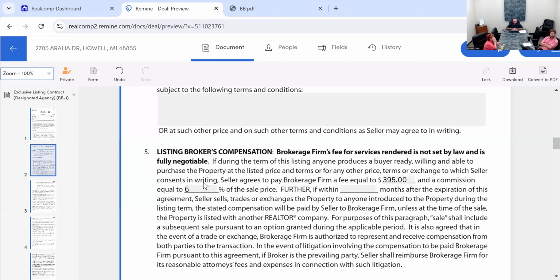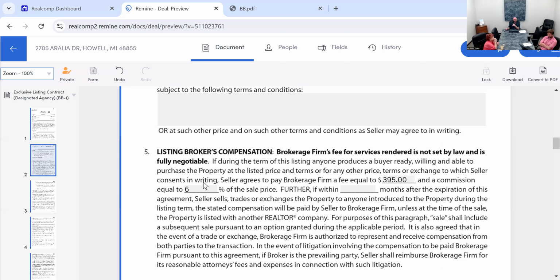What I would rephrase it as is: these are the services I provide, and this is what I charge for those services. If you aren't willing to pay that much, then I have to scale back my services. I want to get your house sold. I want to be of value to you, providing quality marketing and maximum exposure and getting you the best sale price I can for your house.